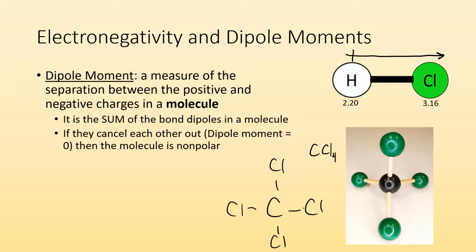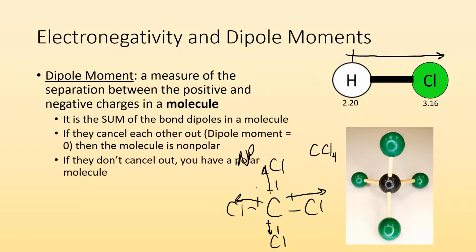So what's happening is all of these chlorines are pulling electrons away from that carbon atom. But because all of those chlorines are symmetrically placed around that carbon, the whole molecule is nonpolar. The bonds are polar, but it's like a tug of war, and they're evenly matched and in opposite directions. So overall, there is no North Pole or South Pole.